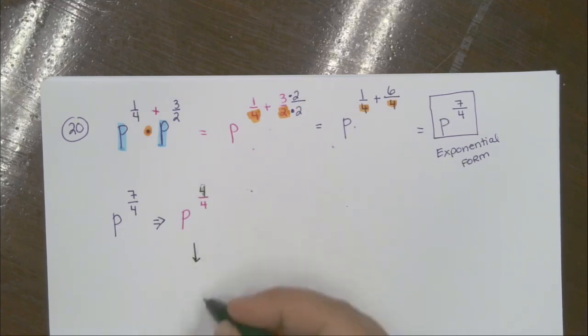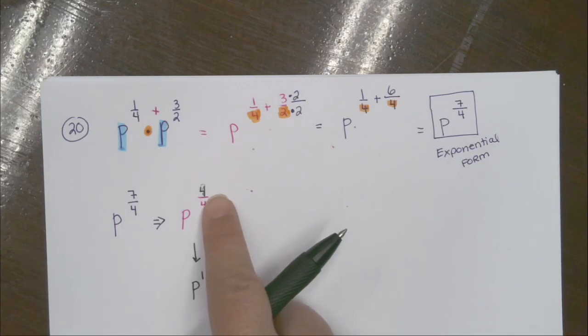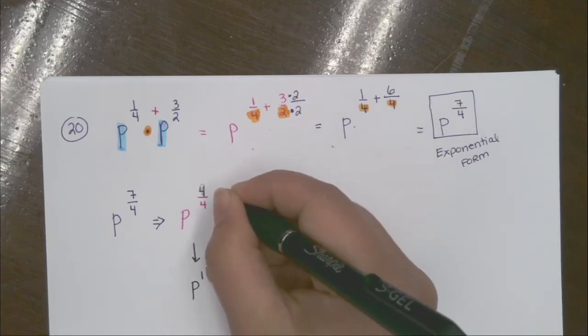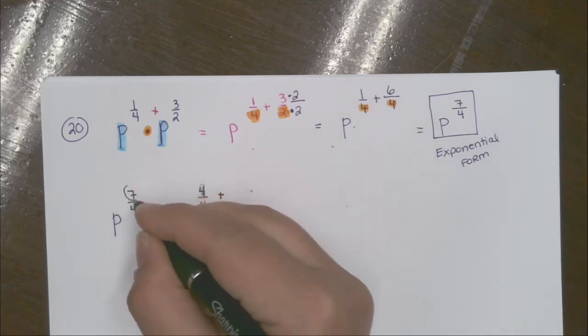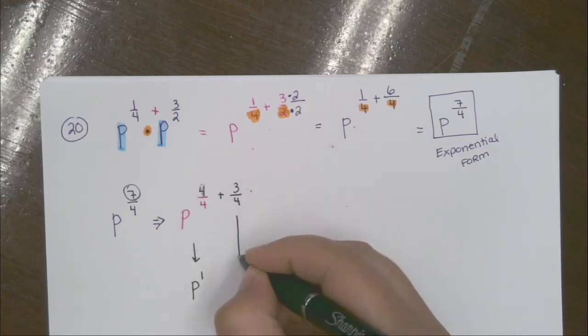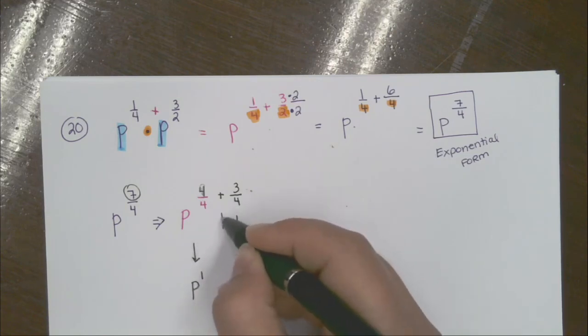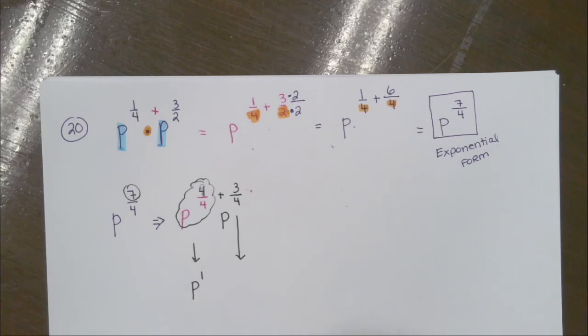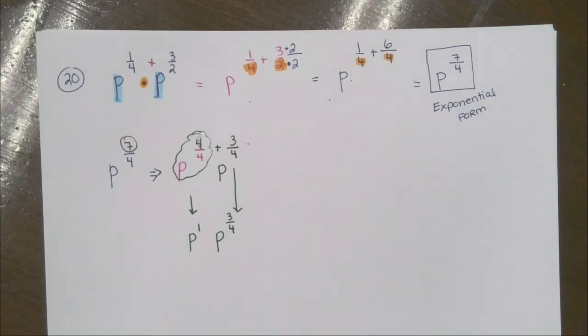What is 4 divided by 4? 1. But we don't have just 4; we had 7. So 4 plus what is 7? 3. So watch what happens. This P can simplify to just 1P without any fractions. This other part becomes P to the 3/4 with a fraction. Do you see how that happens?